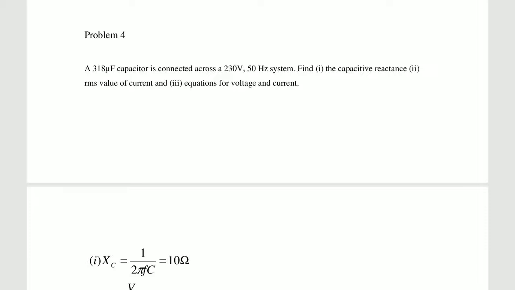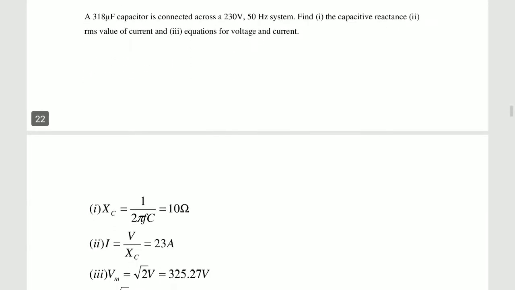In terms of voltage and current, it is V by I. In terms of frequency and capacitance, it is 1 by 2 pi Fc, where F is frequency and C is the capacitance value.